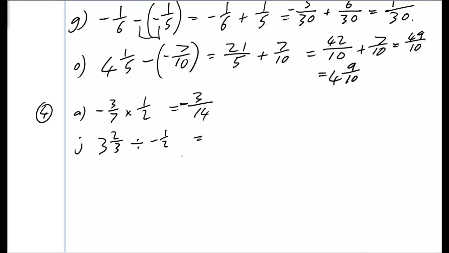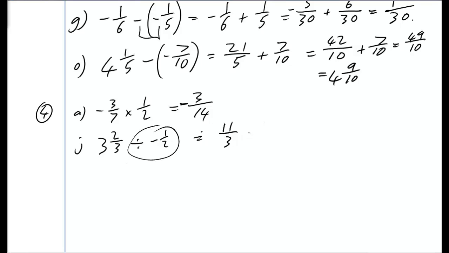So, forget the negative for now. Going to change this fraction here into an improper fraction. So 3 3s are 9, plus the 2 up the top is 11 on 3. Now when you divide, see how you've got here divided by 1/2?